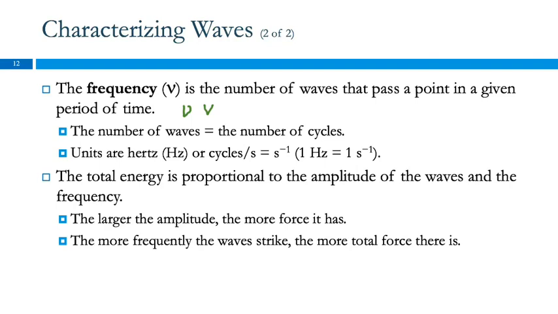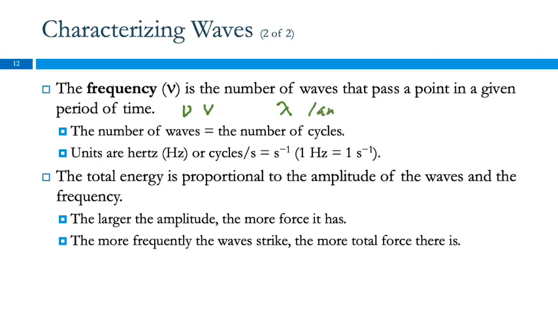It's pronounced nu, N-U. All those Greek letters, because we ran out of English letters. We used up so many of them that we've got to go to the Greek letters. So frequency is nu. And lambda is the Greek version of lowercase l.